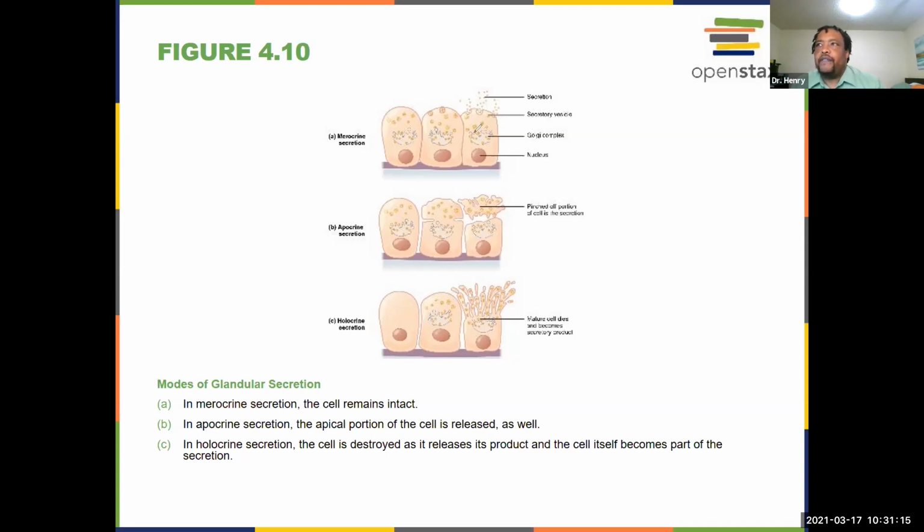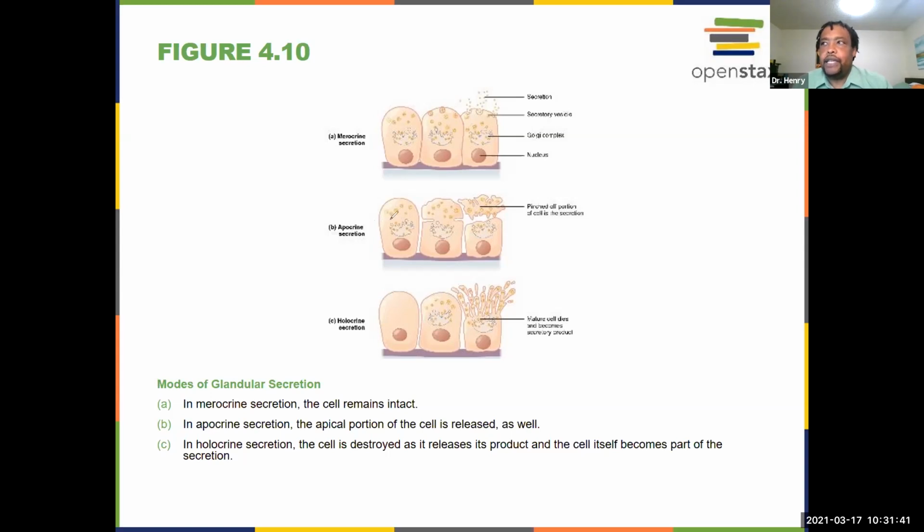The vesicles are going to come up, go to the Golgi apparatus, then go to the secretory vesicles, and the vesicle is going to open up and let all of the contents go out. In this case, the cell remains completely intact.